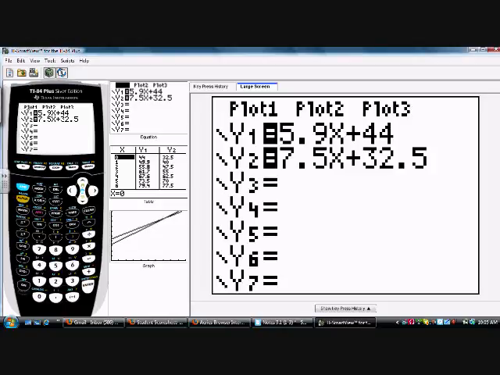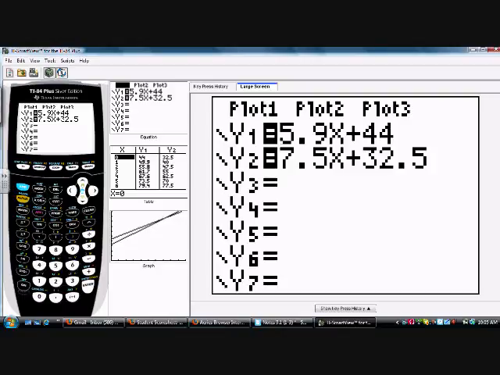If the plot has the black background, arrow up to where it is and hit enter, and it will change it to turning itself off. Make sure none of your plots are lit because the data in your calculator may not match what plots you've got, and it may give you a problem.